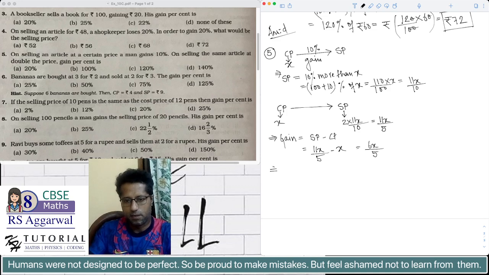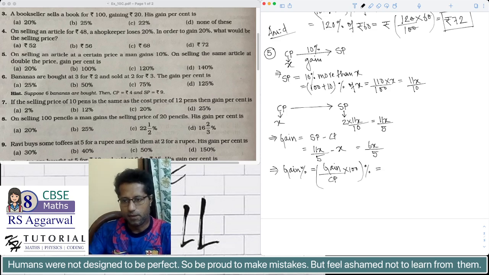This implies the gain percent is gain divided by the cost price multiplied by 100, this much percentage. Gain is 6X by 5, the cost price is X, and we multiply by 100.